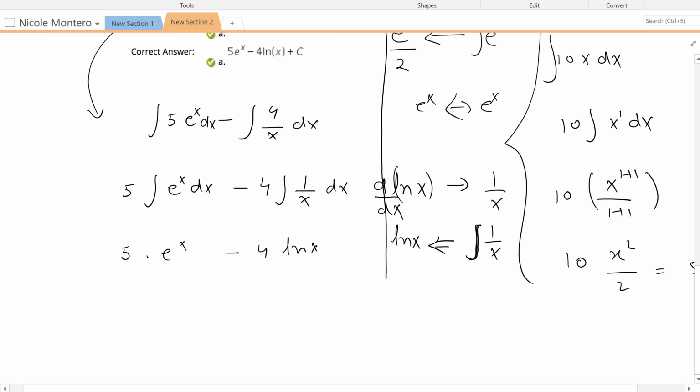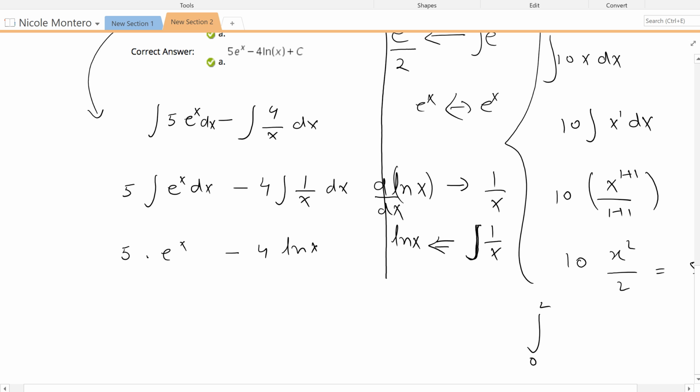Now you have to remember that these are indefinite integrals because you don't have the limits. Most of the time when we have limits, we write them, for example, 0 to 2.